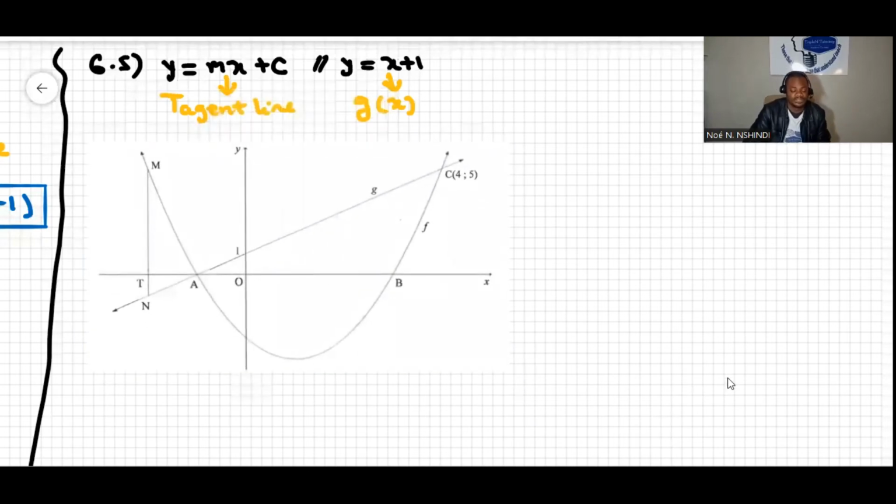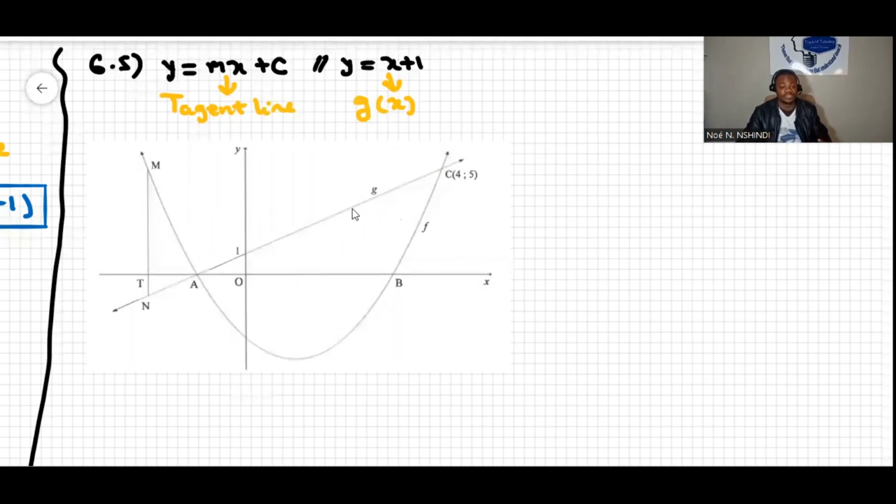Now we want to find the equation of the tangent line to f, the parabola, that is parallel to g. What are the conditions?